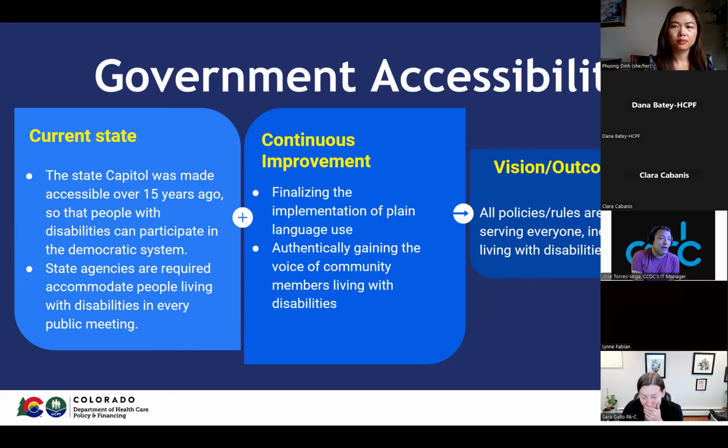Authentically gaining the voice of community members living with disabilities. So in many cases, and this is a very controversial one, so I'm sorry, but many times you come to the meeting and you feel like you're being included as a person with disabilities just to check a little checkbox that says, yeah, I talked to people with disabilities, but you didn't really listen.